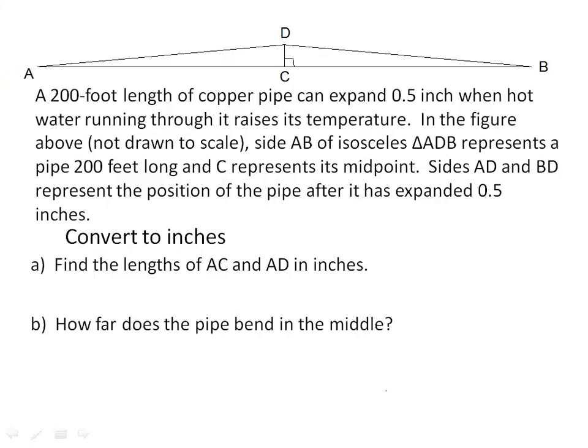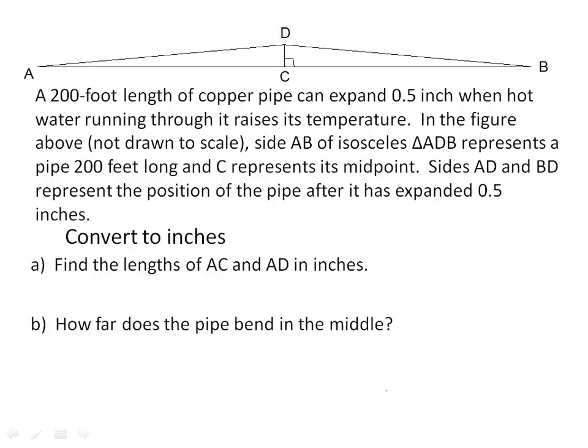It represents a pipe 200 feet long, and C represents its midpoint. Essential information there. Sides AD and BD represent the position of the pipe after it is expanded 0.5 inches. So this is more like a diagram of it. This is not intended to look exactly like what it's describing, so just kind of a diagram for it.